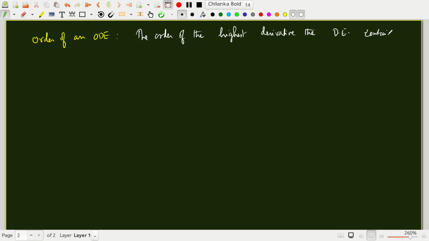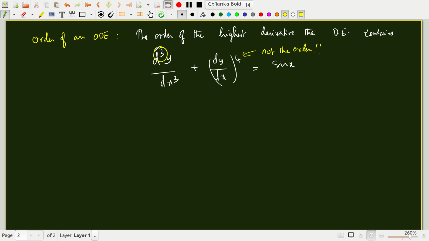For example, if I have an equation that is equal to sin x, you have to look at only the order of the derivative. The highest order is 3. Here the first derivative is raised to the power 4. This is not the order. This is the order, 3. This is a third order differential equation.